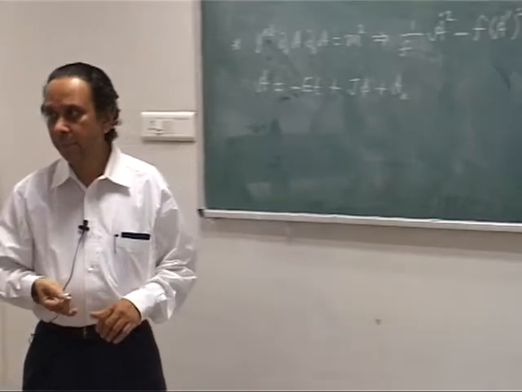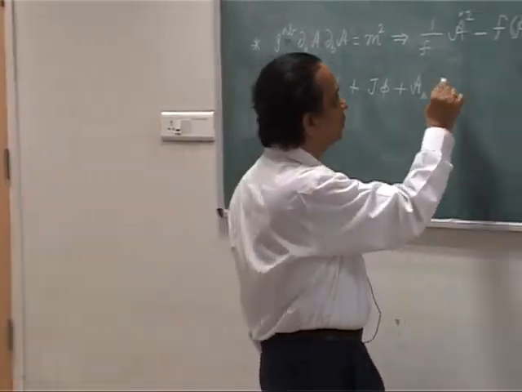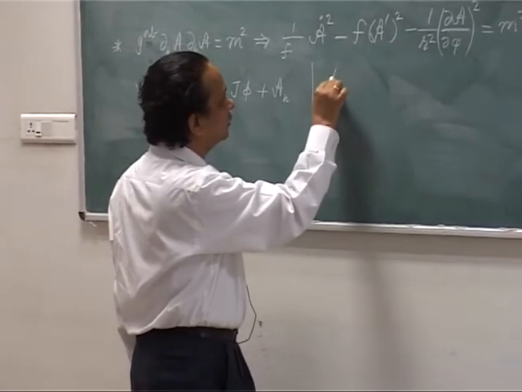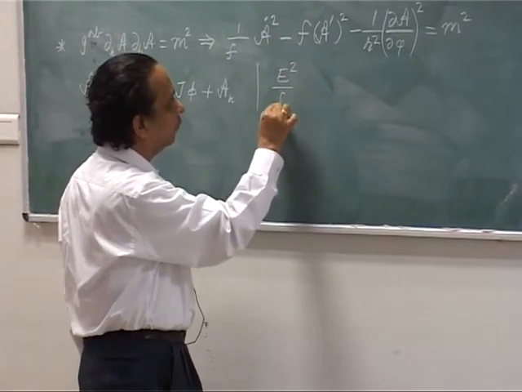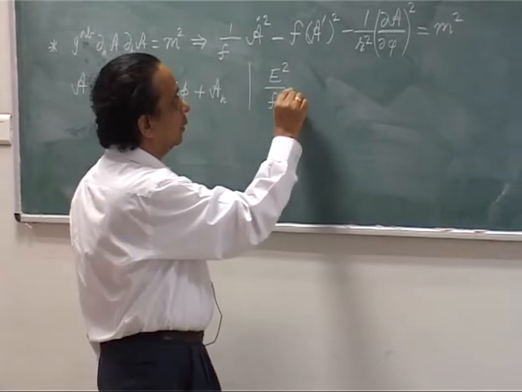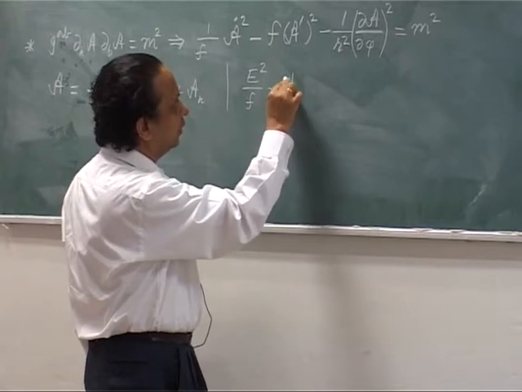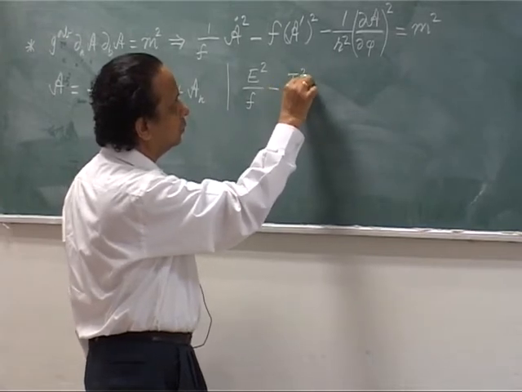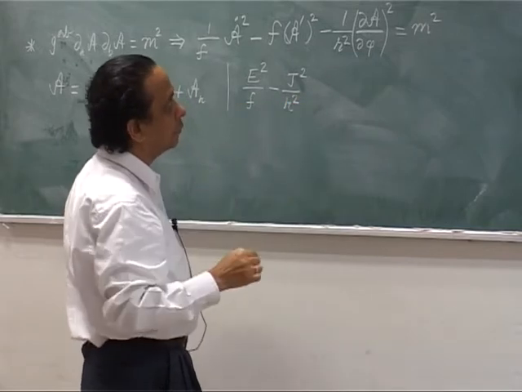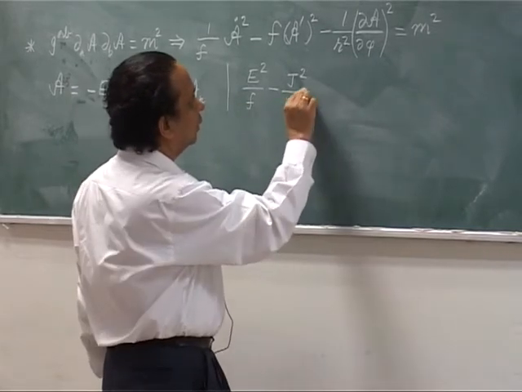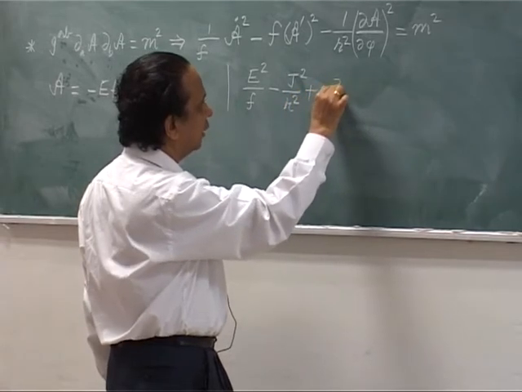So, AR. Now you plug that in, then this equation becomes 1 by f, E square by f minus j square by r square plus m square.